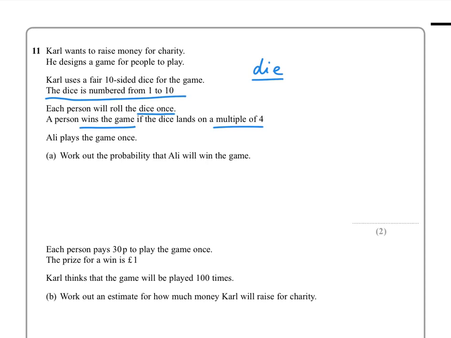Well, if it's numbered from 1 to 10, then the 4 times table means you win if it lands on a 4 or an 8. Now, out of those 10 choices, you've only got those 2 choices of actually winning. So 2 out of 10 chances, or 2/10 of the time, you'll pick a multiple of 4. That's what's expected. So I would say the probability of Ali winning the game is 2 out of 10, 2/10.